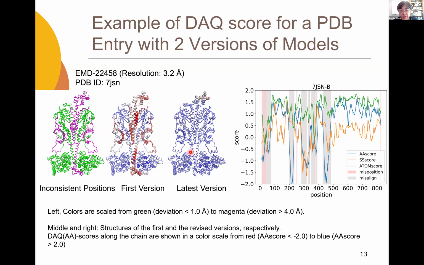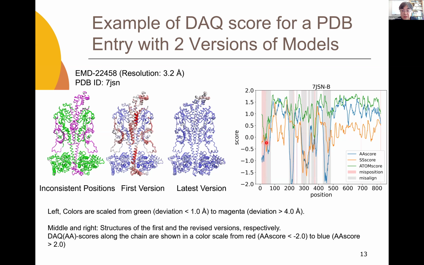These alpha helical regions have a low amino acid score, but if you look at the atom score in green, the score is not bad, positive. This is a typical case, which indicates that the C alpha positions and helix structure itself are correct, but the amino acid sequence assignment is shifted.